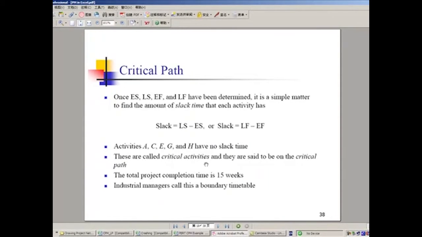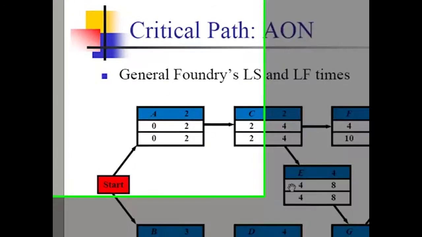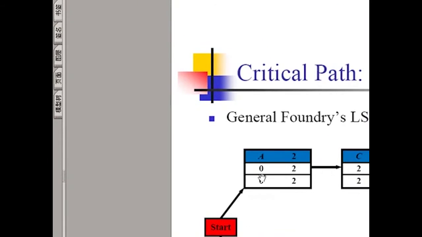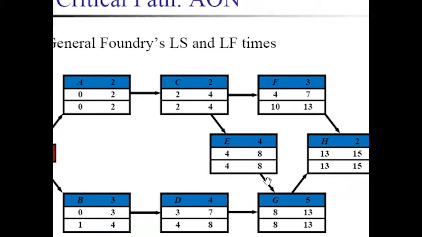Then we know based on this estimation, if we are using the expected value of each activity for the durations, the critical path right now is A, C, E, G, H.